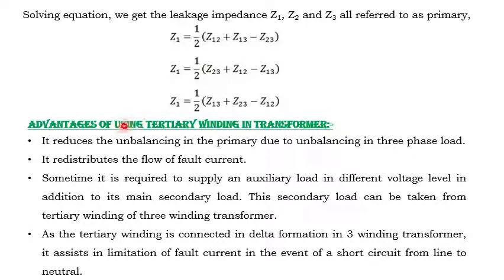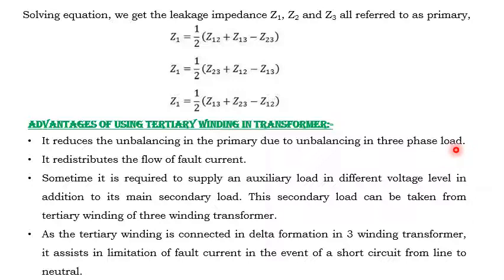Now let us consider the advantages of using tertiary winding in a transformer. Why is this tertiary winding used? What is the use of this tertiary winding? The first point is stabilization by tertiary winding of a transformer: it reduces the unbalancing in the primary due to unbalancing in the three-phase load, which you already stated in the last video.